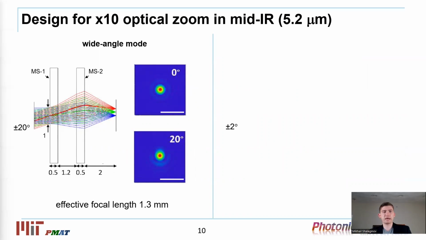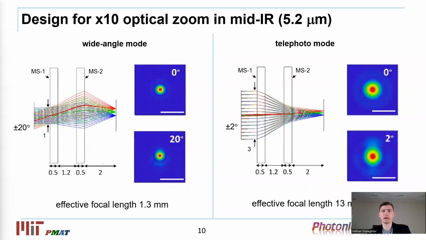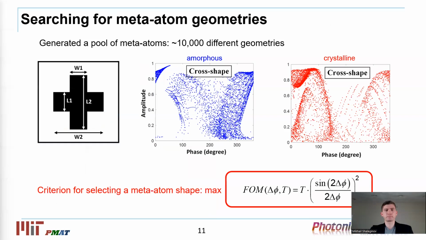These are the intensity profiles of the expected focal spots in both modes for normal and peripheral beams. As you can see, they are of high quality and diffraction limited.